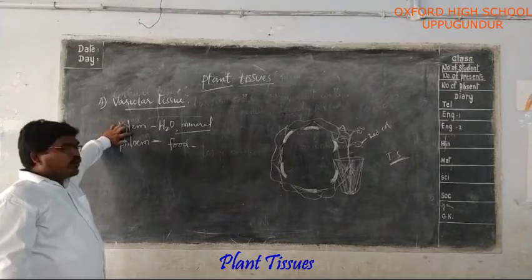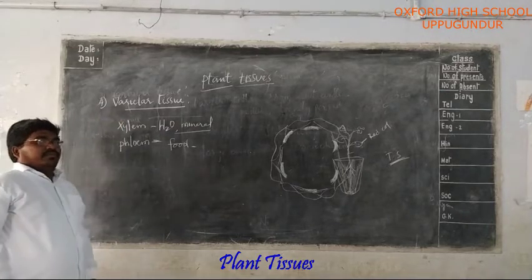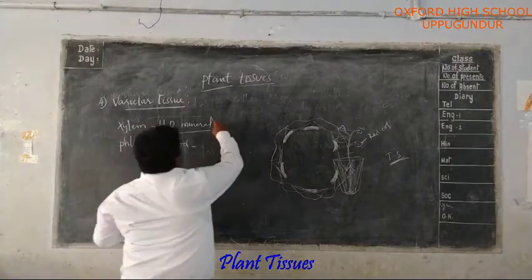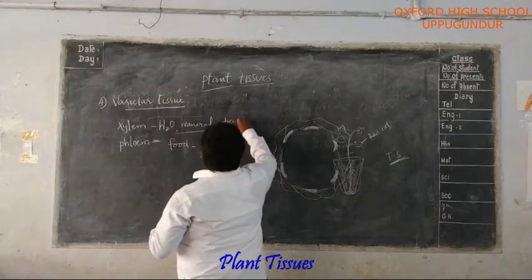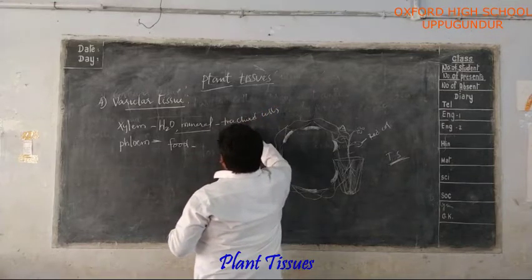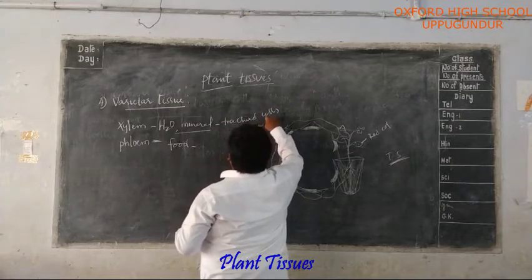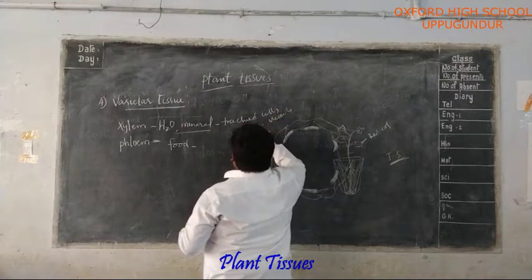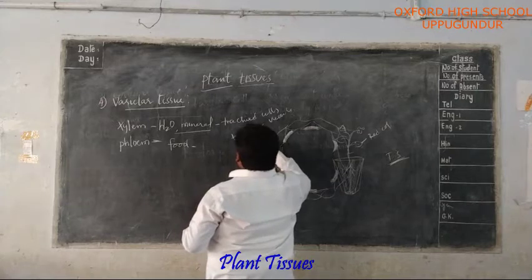The xylem and phloem tissues form the vascular bundle. Xylem contains tracheids, tubular vessels, fiber, and parenchyma.